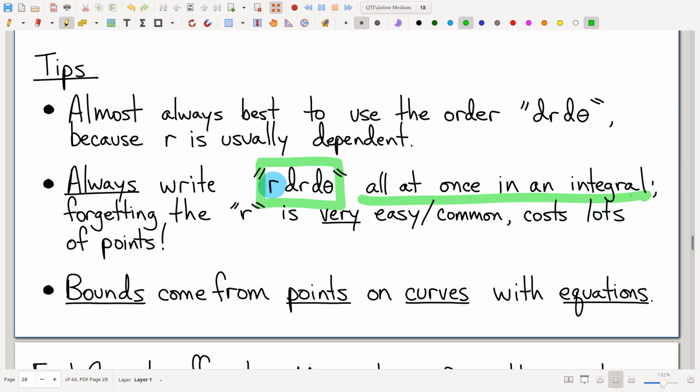That's the hard part, is figuring out what the stretching factor is. This R, this one little character by itself, several points, right? Depending on the question, depending on how much else is going on, could be anywhere from 3 to 5 points for that one character, right?